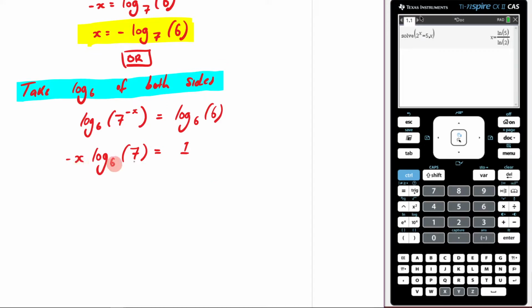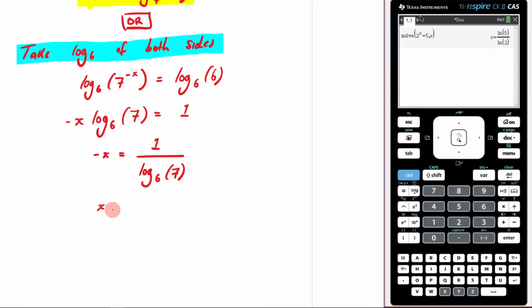Then I'm going to divide both sides by this. So negative x is going to be equal to 1 on, now that's a funny looking one, 1 on this log base 6 of 7. And of course, the last thing I would do is just divide across by that negative as well. So that means x would be negative 1 on log base 6 of 7.